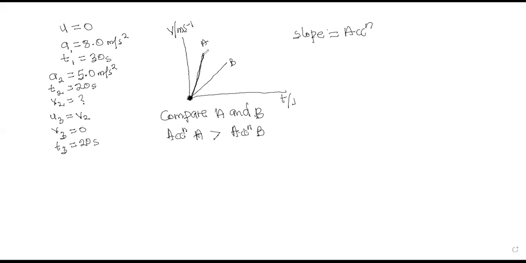If this is the acceleration during the first part, and it's a continuous journey, and the second part's acceleration is less than the first, B must be placed on it like this, to indicate that this one is steeper than this one. Please, are you following? Class, are you following?